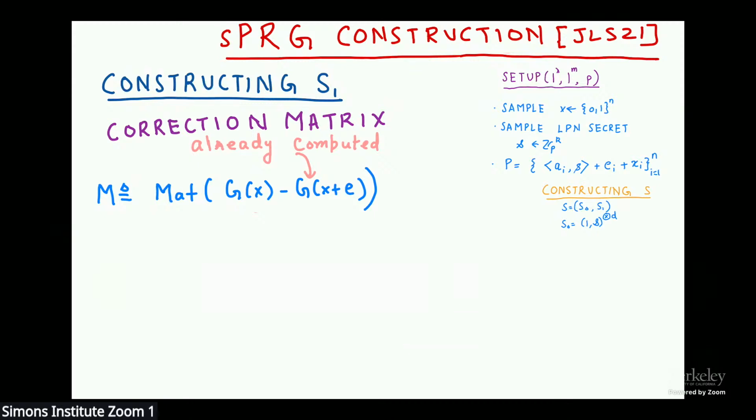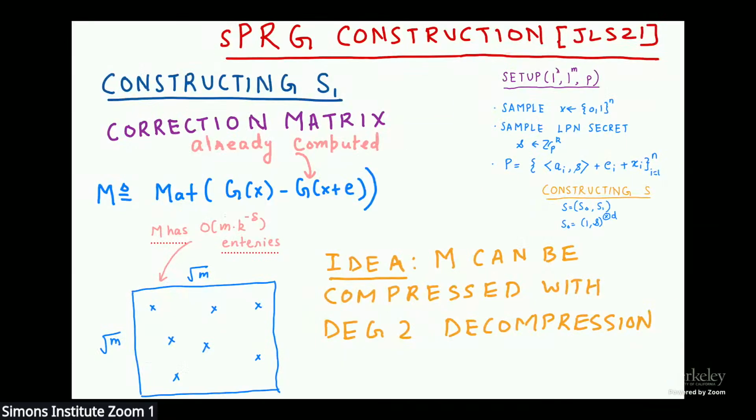This part, well, we need to account for this. So the idea is, why don't I just look at this matrix, run over all the output bits, and just compute this matrix? So that's step 1. It's going to be very sparse. How sparse is it? It has m times k to the minus delta entries, a little less than m.